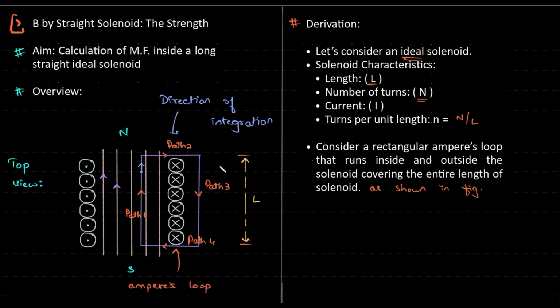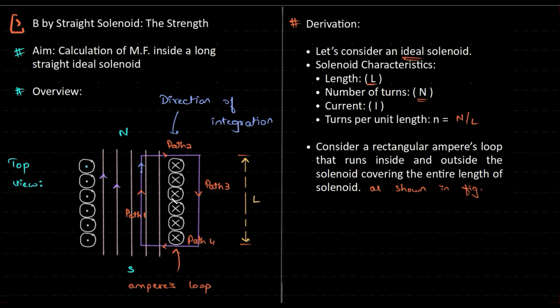Whatever you take, you will end up with the same answer. But if you take it in a very smart way, then all of them will be positive, so there's no confusion. So we took it clockwise because inside, the magnetic field line and the direction of integration match, and the direction of the current also matches with our right hand rule. If you understand this, pretty much everything else is quite simple.